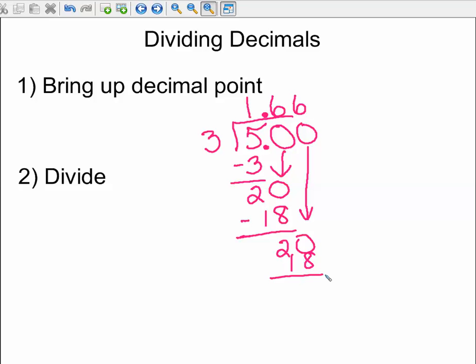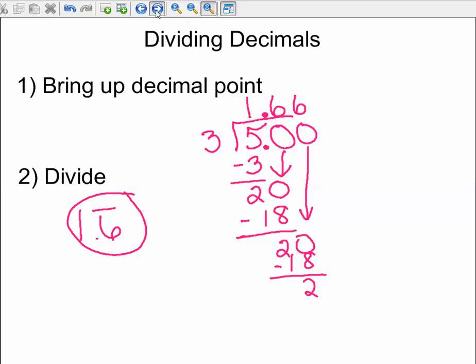And you can see here that I'm going to continue to get a remainder of 2 forever and ever. So we call this a repeating decimal. So our answer would be 1.6 repeating. We're going to be talking about repeating decimals a lot in a little bit, but for right now, just know that this goes on and on forever.